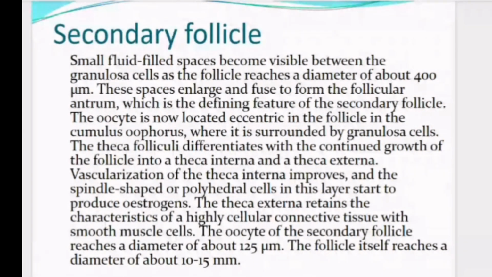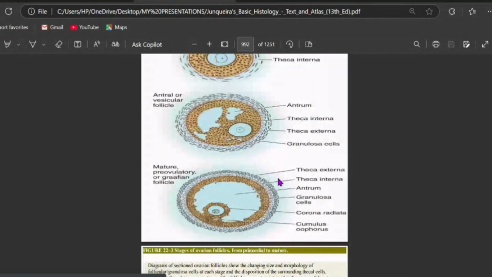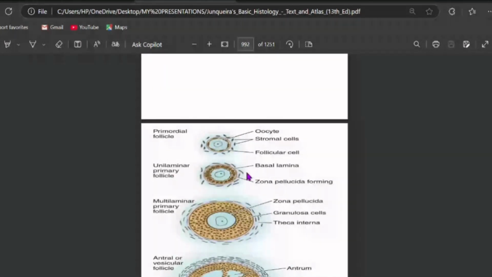Let me try to change my slide so that I'm able to share something else with you guys. What I want us to appreciate are the stages of development of the follicle. Initially, you've got your primordial follicle, which is this one, surrounded by a layer of simple squamous follicular cells.